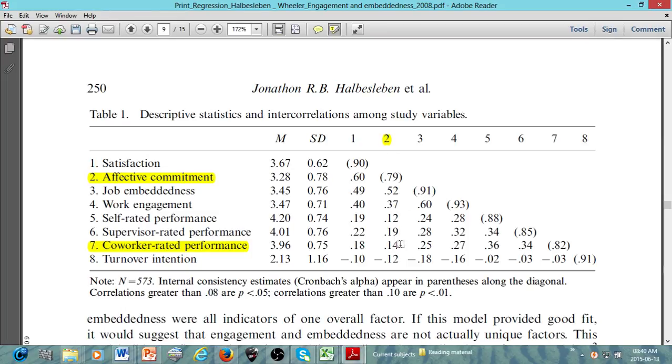There we can see the correlation coefficient between co-worker rated performance and effective commitment is equal to 0.14. Now remember, a correlation coefficient will never be greater than 1, so it'll usually be something like 0.14, for example, in this case.